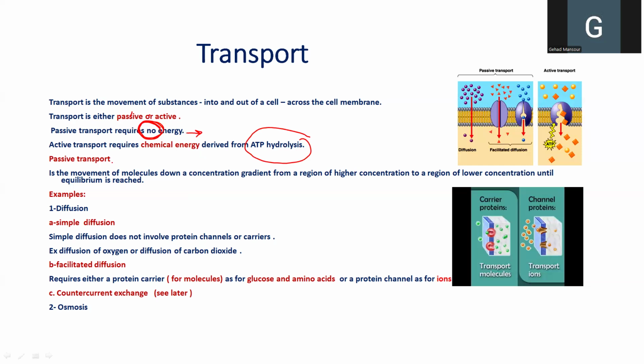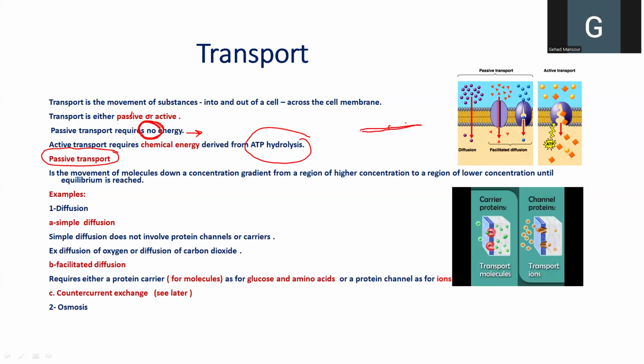So passive transport is the first and very common method of transport across cell membranes, and it is the downwards movement of molecules from a region of higher concentration to a region of lower concentration until equilibrium is reached.